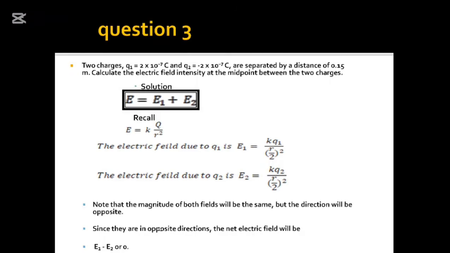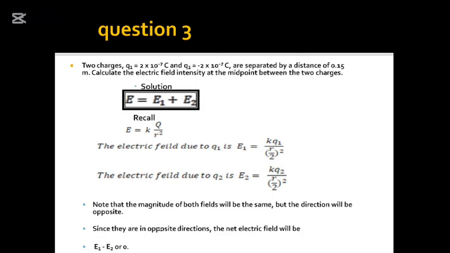Check the four walls of your room where you are taking this lecture, then pick two sides of the wall. If someone is coming from this wall and another person is coming from the other wall and they are expected to meet at the midpoint, the distance covered by each of them is the same. That's why we have R over 2 rather than R1 over 2 and R2 over 2.